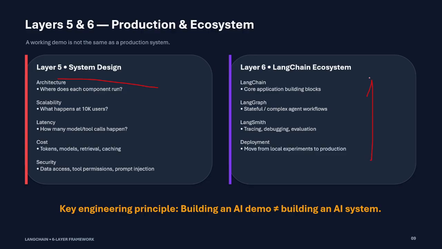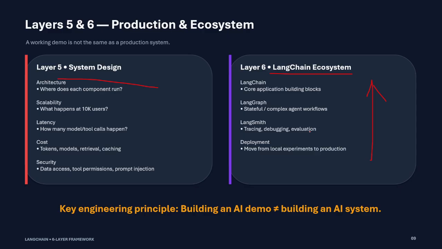And the final layer is the LangChain ecosystem, where we can say that our application has been developed. Now we need to make the production deployment, and during the production deployment we also need to understand how our system is working. For that purpose, we will go with LangSmith or LangFuse.